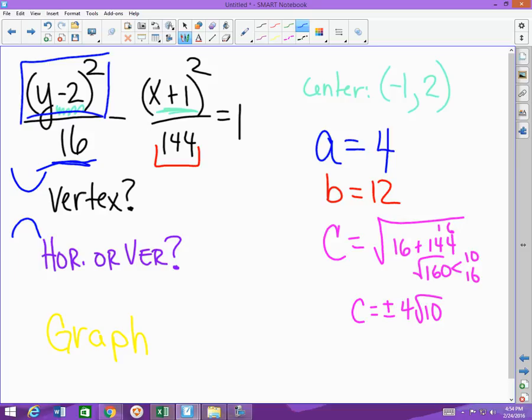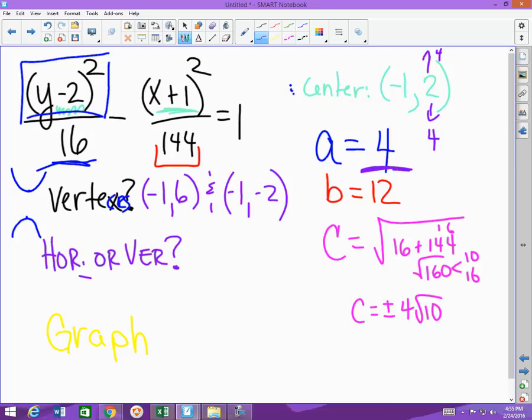And so the vertices are up and down from the center. And since the center is negative 1, 2, we have to go up and down 4 from there. So up 4 from there and down 4 from there. So you would have negative 1 comma 6 and negative 1 comma negative 2.